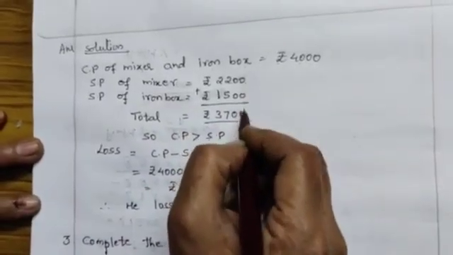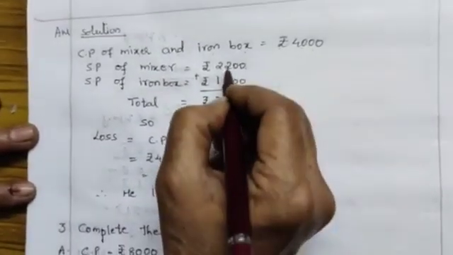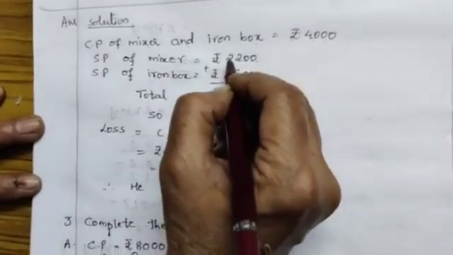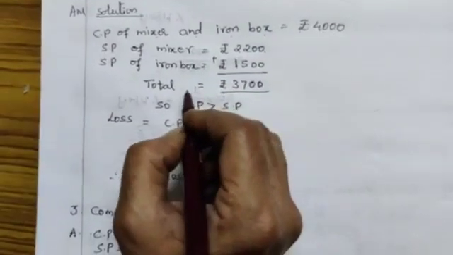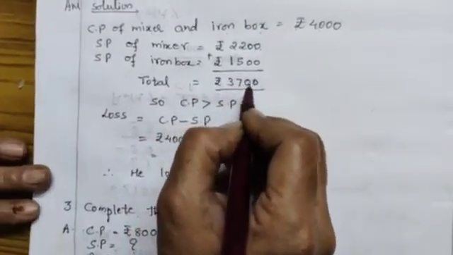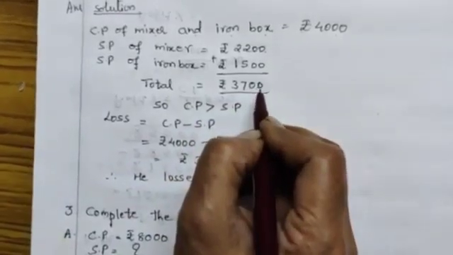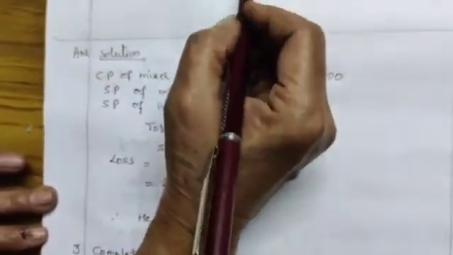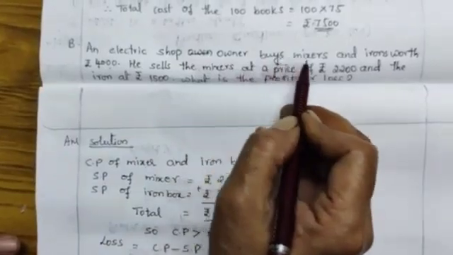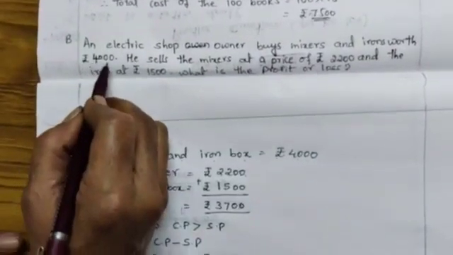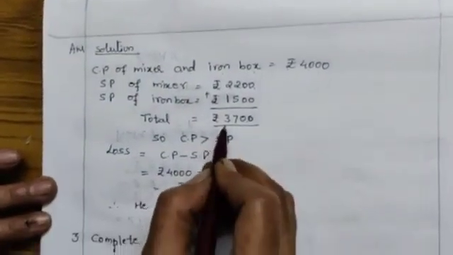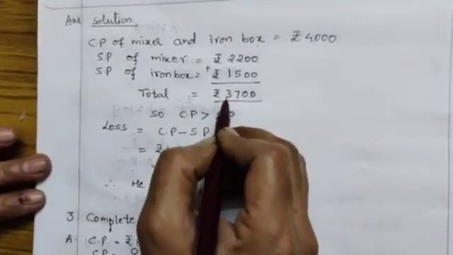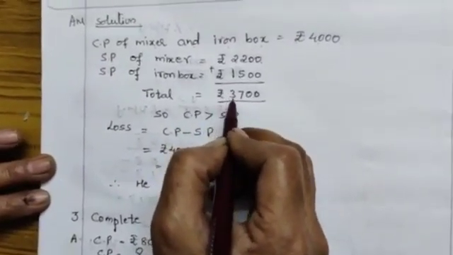0 plus 0, 0, 0 plus 0, 0, 2 plus 5 is 7, 2 plus 1 is 3. So total rupees 3700. The electric shop owner bought for rupees 4000, but he sold mixer and iron box for a total of 3700.